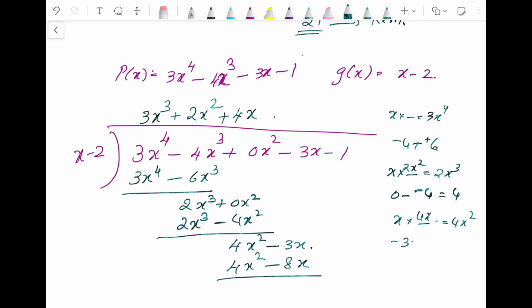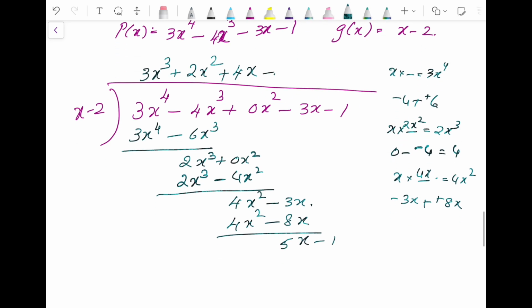So, minus 3x minus 8x. So, 5x minus 1. So, plus 5. So, 5x minus 10, minus 1 minus minus 10. So, 10 minus 1 is 9. So, 9 is the remainder.